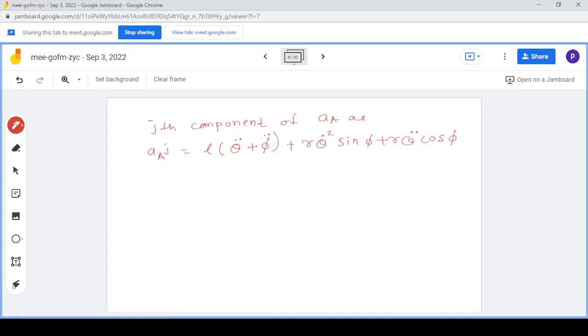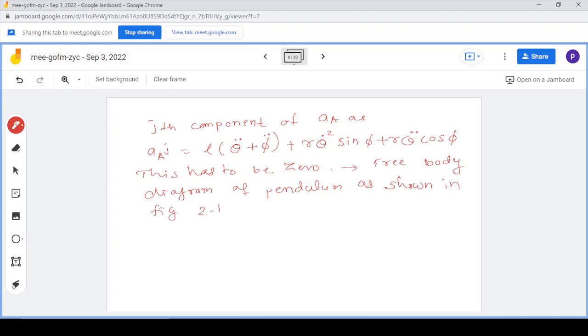Okay, and this needs to be 0. This has to be 0 to get the free body diagram of the pendulum as shown in figure 2b, right?